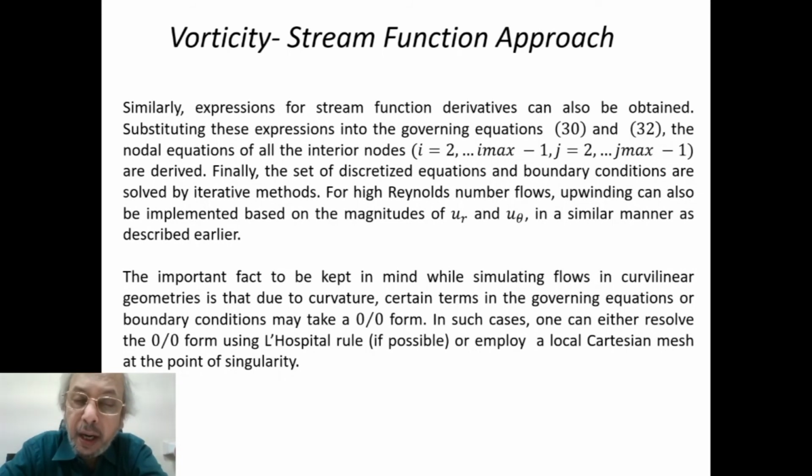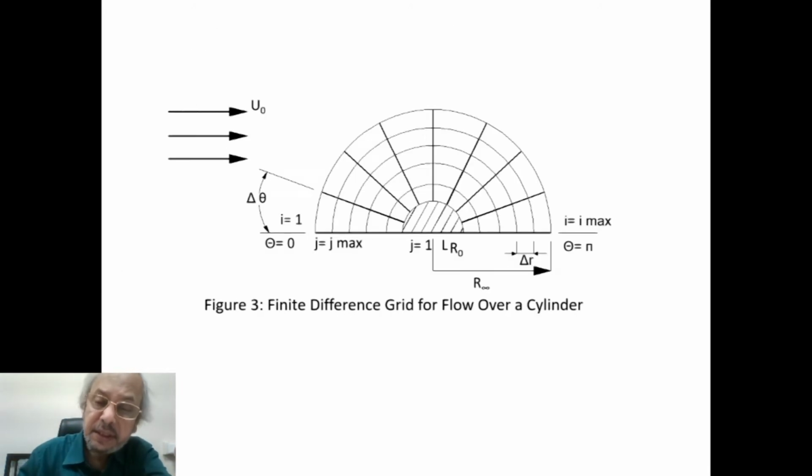Then the boundary conditions are properly applied. We have discussed the boundary conditions on all confining surfaces. That means here the confining surface means this is one surface, and r equal to r infinity is another surface, and this is one surface, and this line is also one surface.